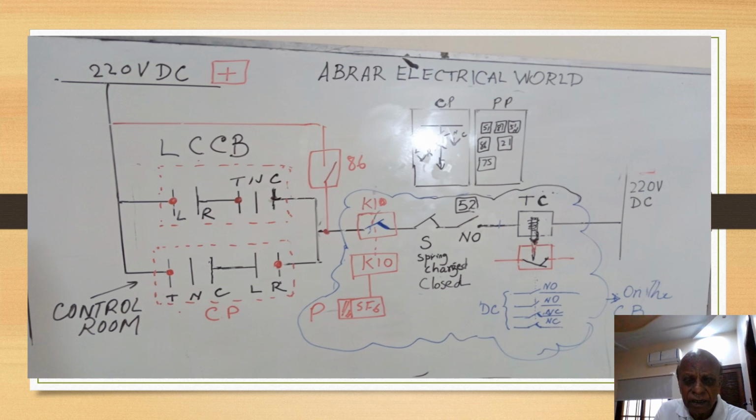So another contactor is used, and this auxiliary relay has contacts, one of them shown here, and these can carry more amperage, maybe 1 ampere. So this contact is now the contact of this relay K10, which is energized by the SF6 gas pressure relay.